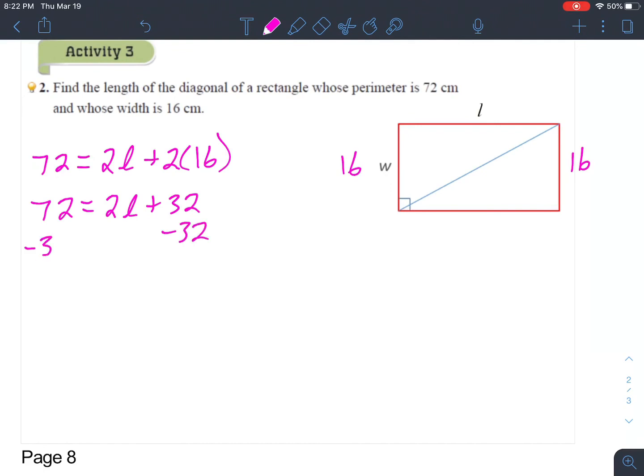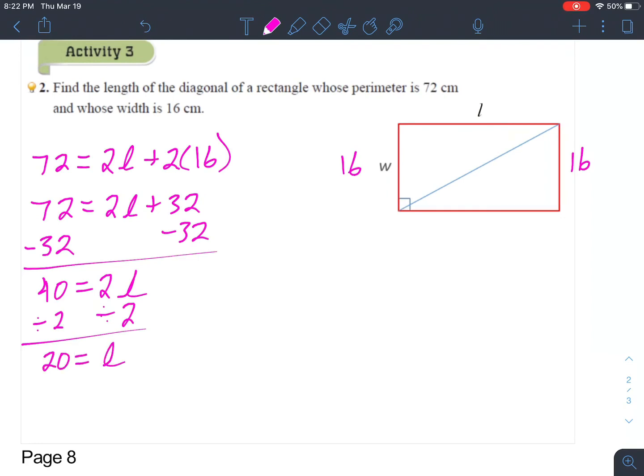So then as we solve that, we know that we're going to get 72 equals 2L plus 32. We subtract 32 from both sides. We're going to get 40 equals 2L. And if we divide both of those by 2, we get 20 equals L. So now that we have that, we can fill it into the rectangle.